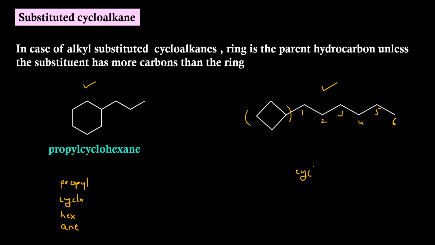Since it is at position 1, we need not indicate its position. Cyclobutyl will be our secondary prefix. There is no primary prefix. Root word will be hex and primary suffix is ane. So the name will be cyclobutyl hexane.